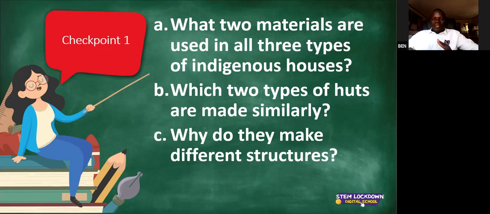Yes, they used different materials because certain materials are only found in certain places. You can only find ice in the northern pole and southern pole. That's why the igloo uses ice.